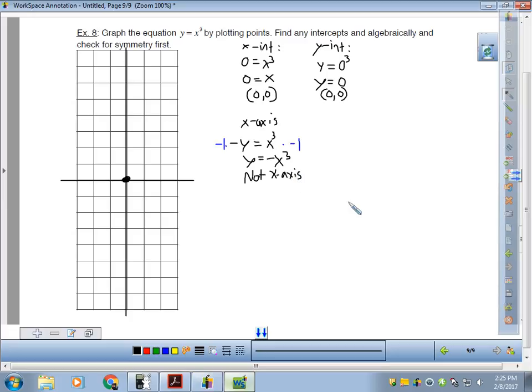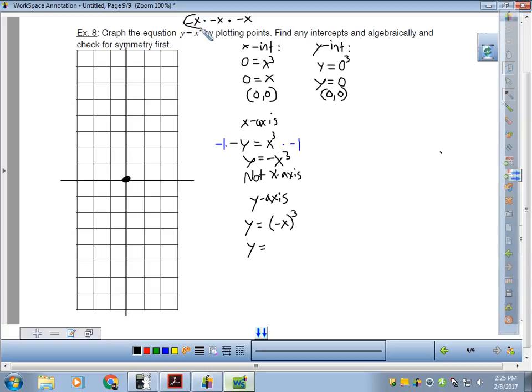And the next thing we're going to check is y-axis. So for y-axis, we're going to plug in a negative for the x. So we'll have y equals negative x getting cubed. If we clean that up, negative x cubed means negative x times negative x times negative x. I'm just going to write that here so you can see it.